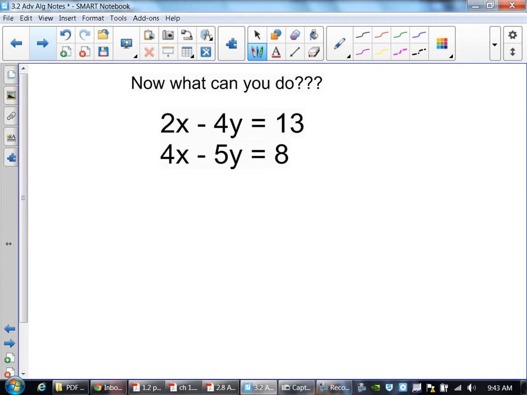You could add the equations together to eliminate a variable. You could subtract the equations together to eliminate a variable. And then the other one is we call linear combination. Which basically is get the same coefficient somewhere.